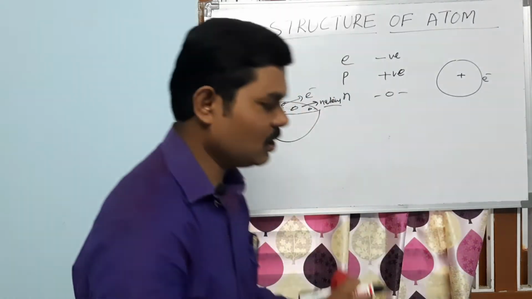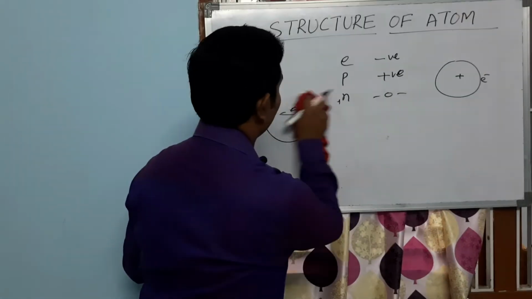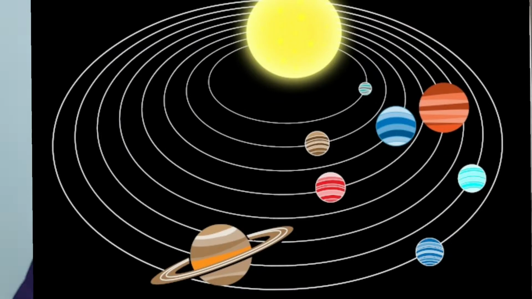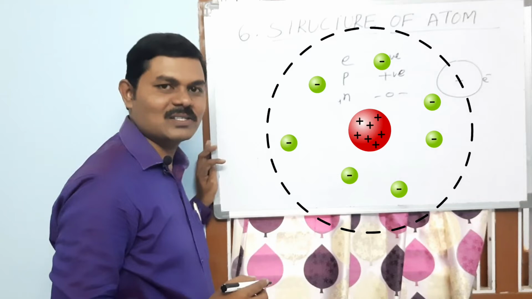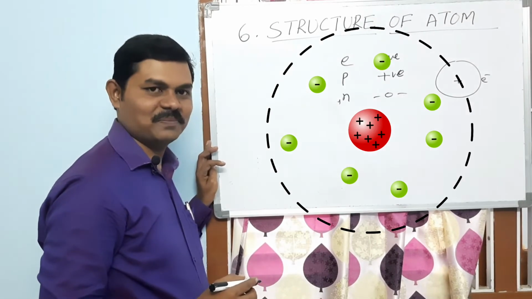Next, Ernest Rutherford also proposed an atomic model. He compared his atomic model with the solar system. In the solar system, the planets are revolving around the sun. In an atom also, the center of the atom is compared with the nucleus and electrons revolve around the nucleus.